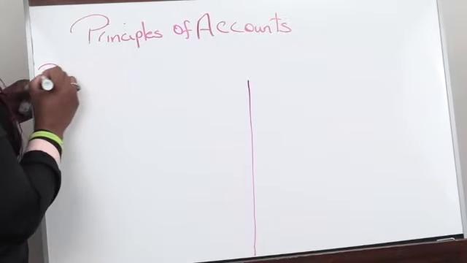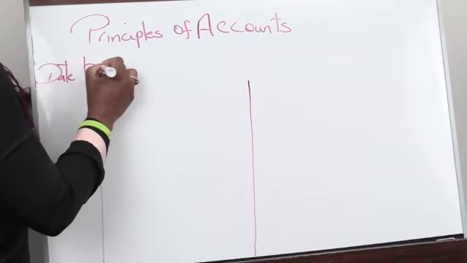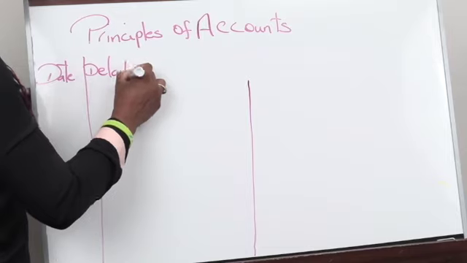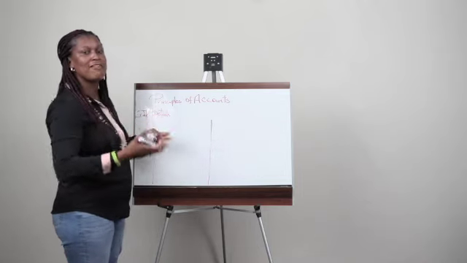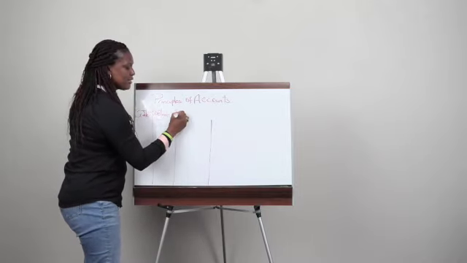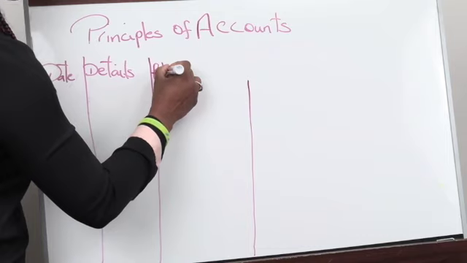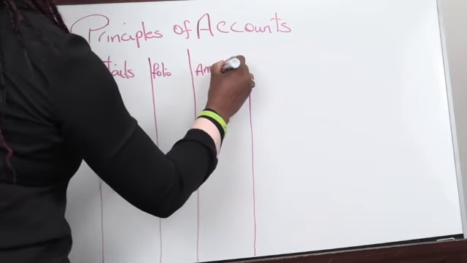So we would have our date, a column, details, or what we call amount, or in some books, it will write it up already, you will have particulars. They are all the same. We have a column for what we call folio, and we have a column for the amount.